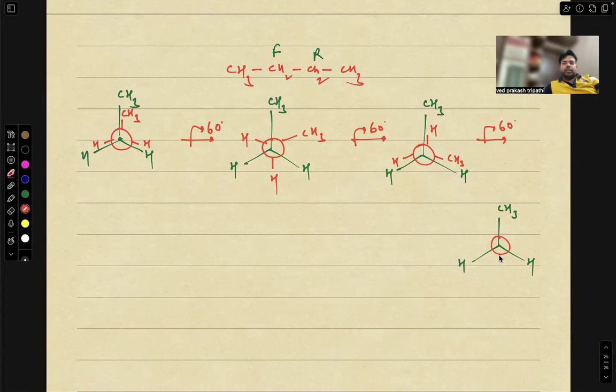If you rotate 60 degrees, it would be here, hydrogen here, hydrogen here.